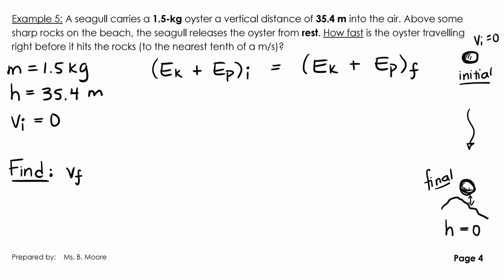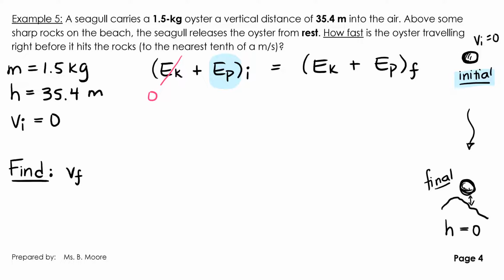Recall that our kinetic energy depends on the speed, and the potential energy depends on the height above the ground. So which of these quantities must be zero? Initially, the oyster has no speed, so the kinetic energy must be zero. However, the oyster has a lot of potential energy at the beginning because it's far above the ground.